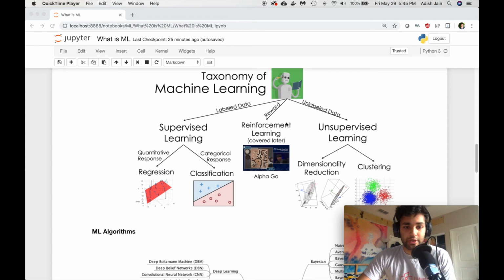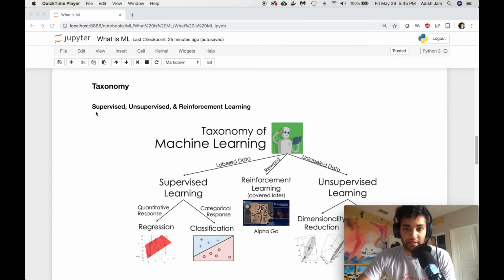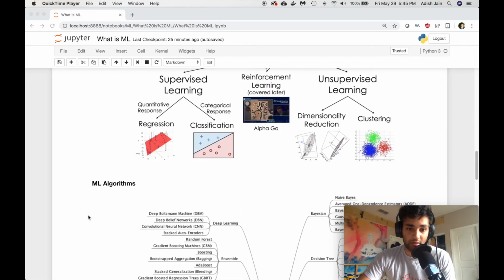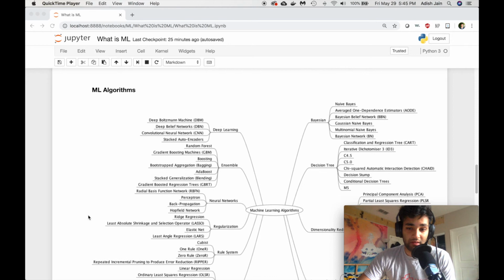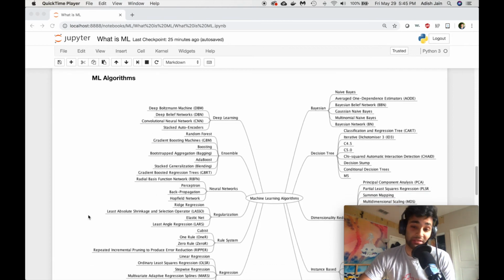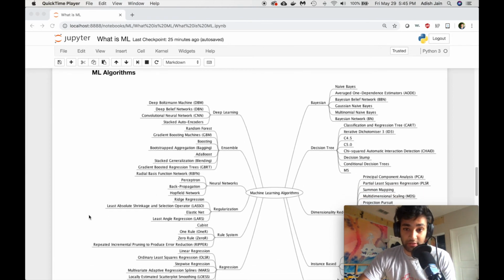Okay, so, having discussed the overarching categories here of machine learning, we can talk a little bit about the many different algorithms that exist in our machine learning toolkit. Just like a mechanic has wrenches and screwdrivers and drills, machine learners have available to them this broad set of algorithms which they can apply based on the problem that they're dealing with.